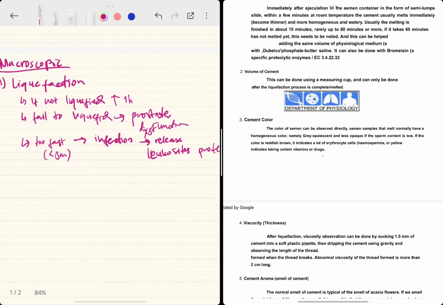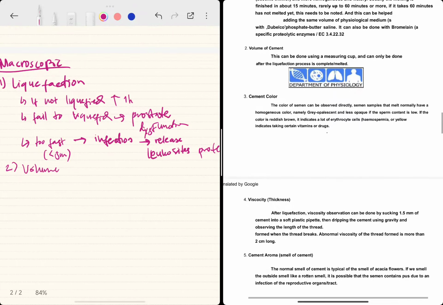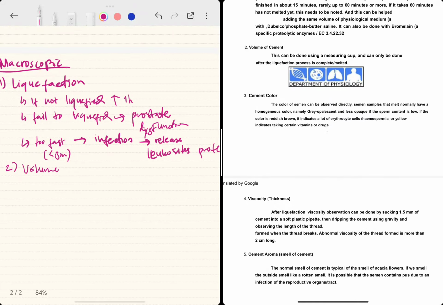The next one is the volume. For normal, if I'm not mistaken, it's 1.5 to 5.5 milliliters.